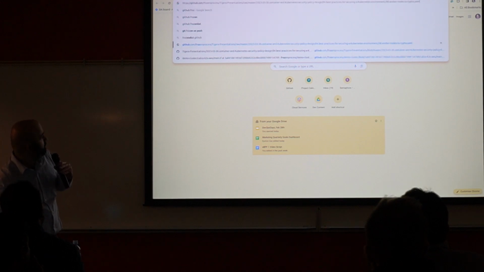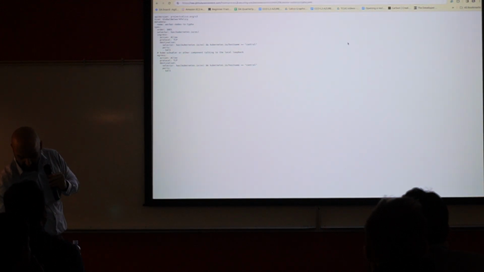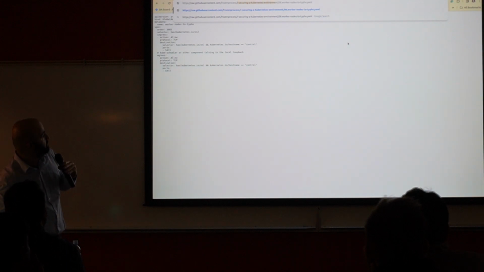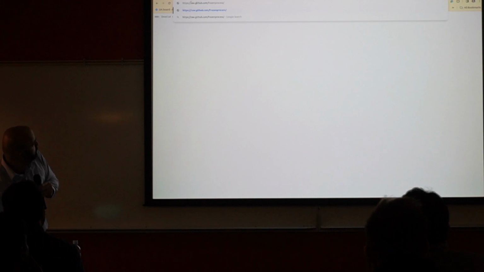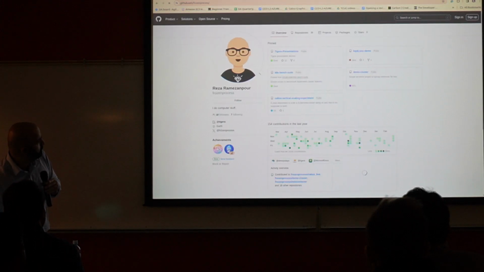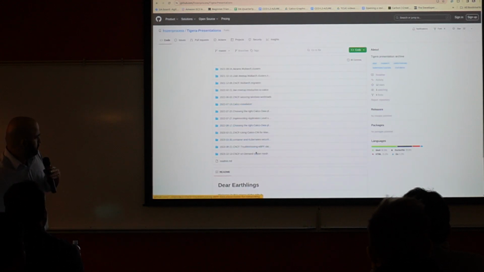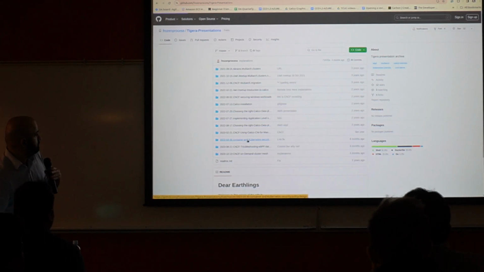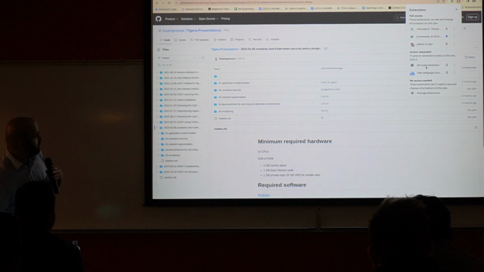If you go to GitHub, frozen space, Tigera presentations, Container and Kubernetes security, and here is the QR code for it.